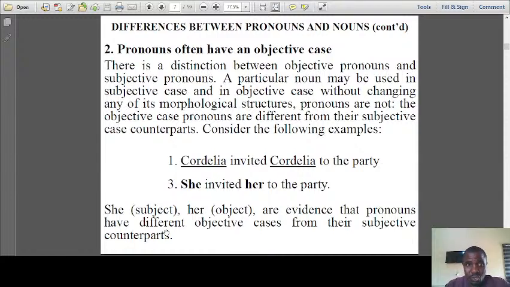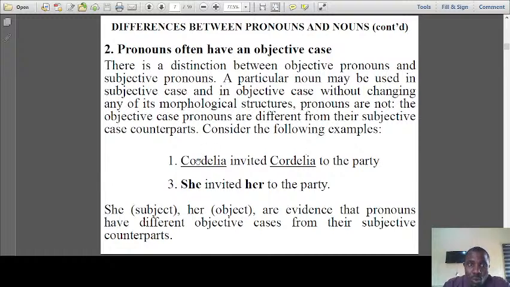So in pronouns, since nouns can occur in subject position and in object position, the objects are nouns coming after the verb, subjects are nouns coming before the verb. And since nouns can function in subject position and in object position, pronouns can also occur in both subject and object position.